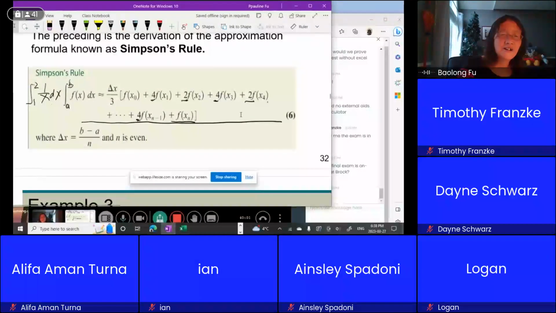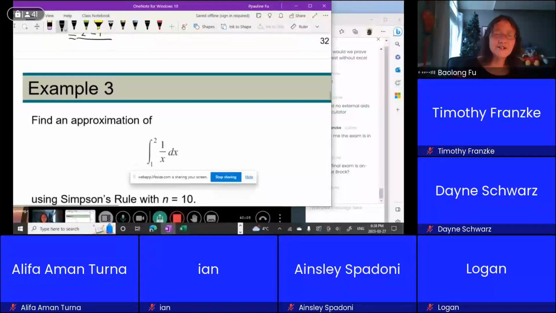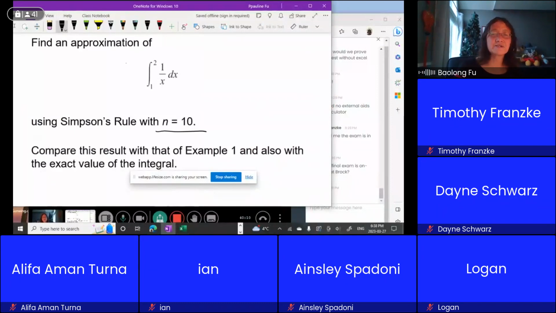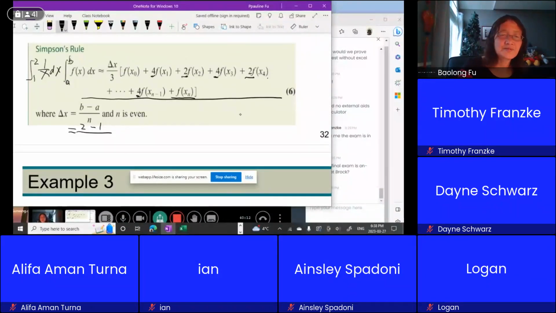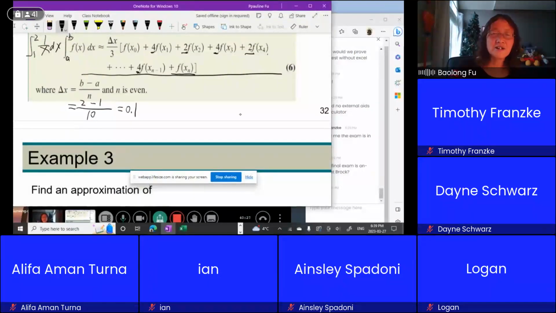So delta x equals b minus a over n, where b is 2, a is 1, and n equals 10. So delta x equals 0.1.